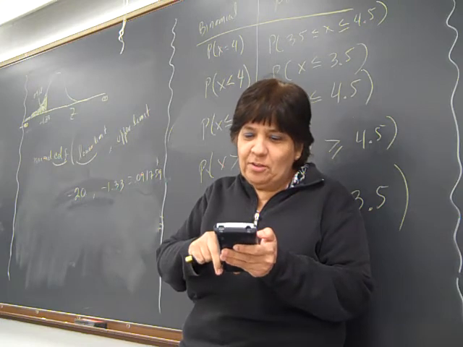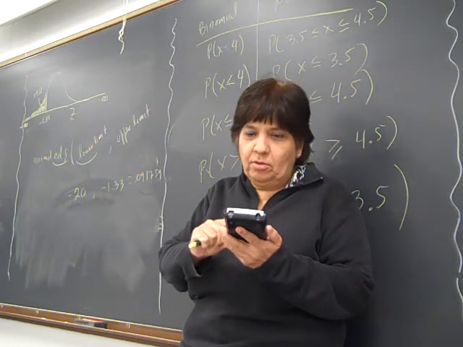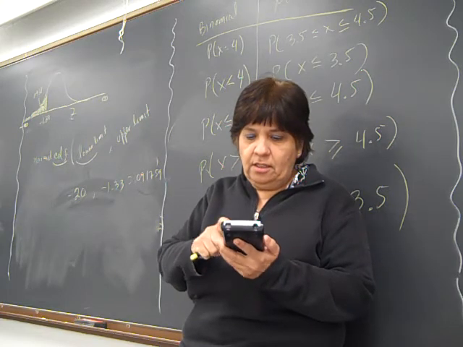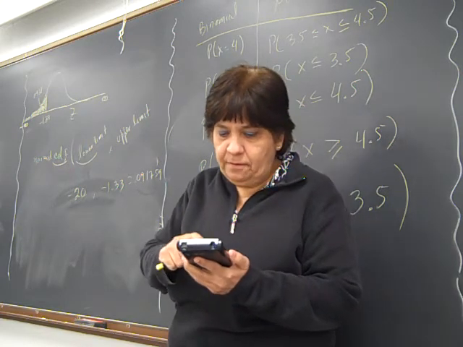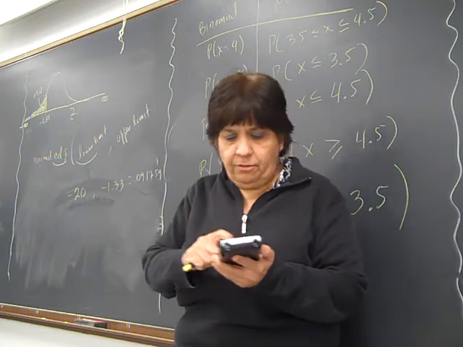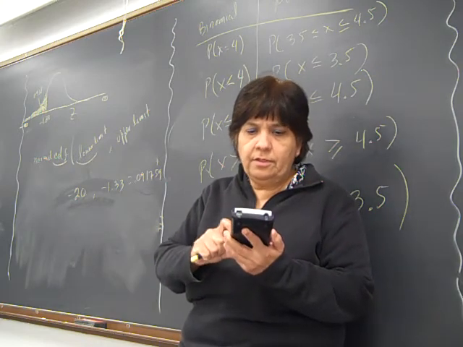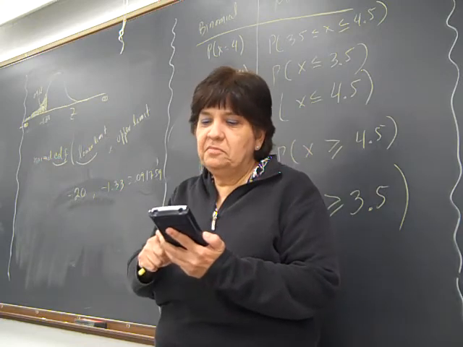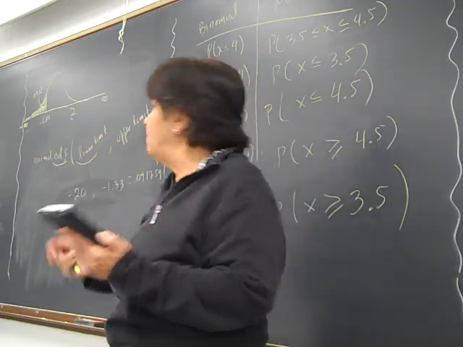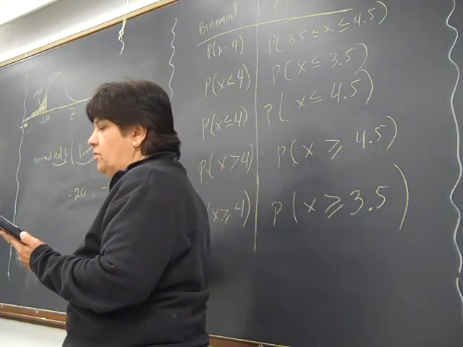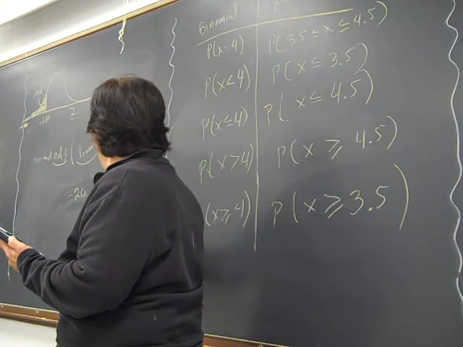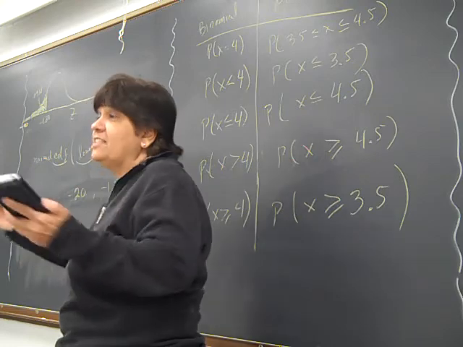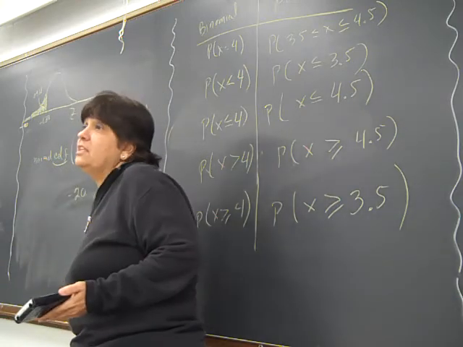Probably it's going to give you the same results. Negative 10, comma, negative 1.33. Enter. It gives me 0.091759. It's exactly the same.